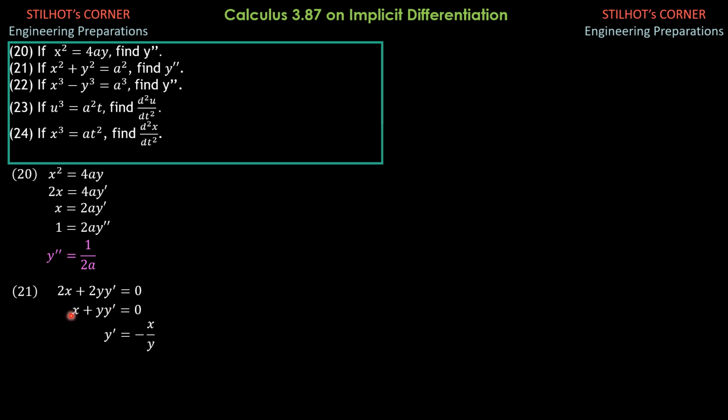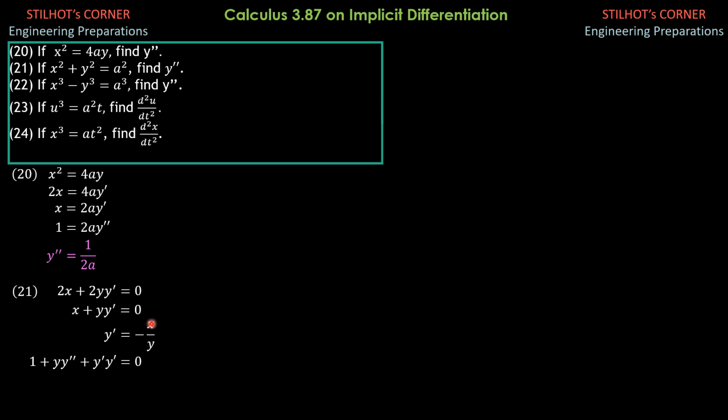So 1 plus y y double prime plus y prime times y prime equals derivative of 0, which is 0. Derivative of x is 1. Then this is derivative of a product. First y, derivative of y prime, y double prime, plus second y prime, derivative of y is y prime, equals 0. So 1 plus y y double prime equals negative y prime squared.